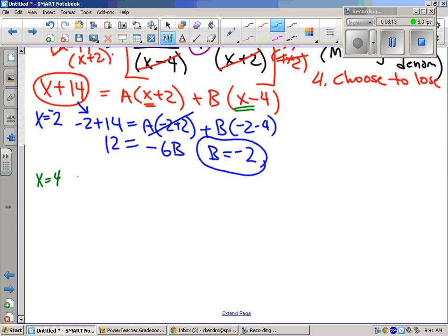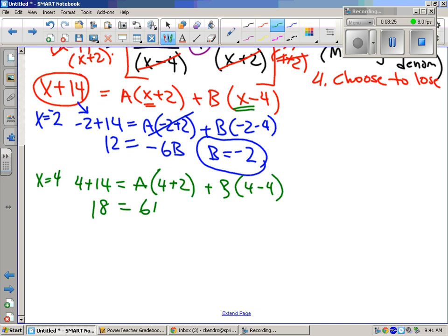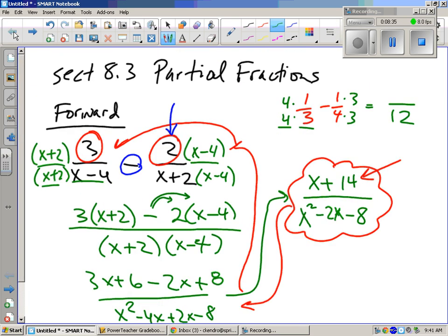So plug that in, I get 4 plus 14 equals a, 4 plus 2 plus b, 4 minus 4. So I get 18 equals 6a, and then this goes away so we don't have to include it. A equals 3. And back up again, so a equals 3. There it is, right here.